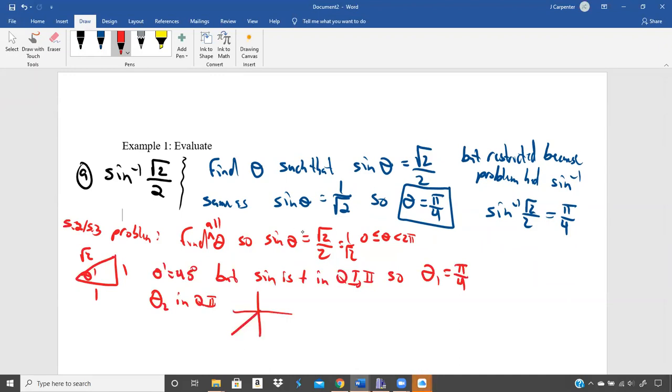So you put your reference angle of pi over 4 there. That's in quadrant 2, excuse me. So this right here is your pi over 4. This right here would be your second actual angle. And when you do pi minus pi over 4, it turns out that theta 2 is 3 pi over 4. So pi over 4 and 3 pi over 4 were the solutions.